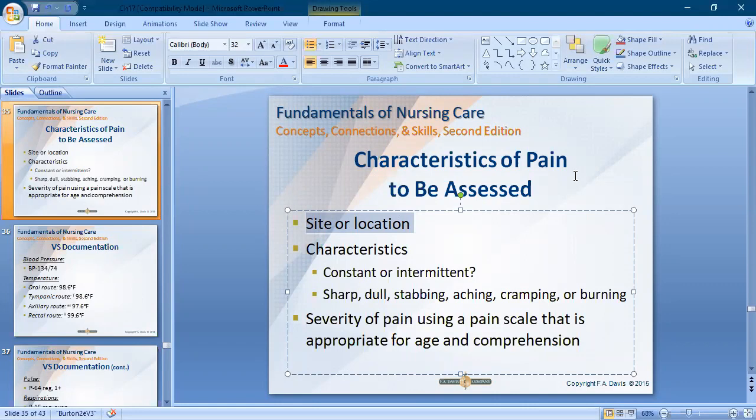So when a patient complains of pain, we have to try to find out the nature of the pain, the location of the pain, okay? The direction of migration of the pain, and also the severity of pain. Is it mild, moderate, or severe? For severity of pain, usually a pain scale is used in hospitals, right?